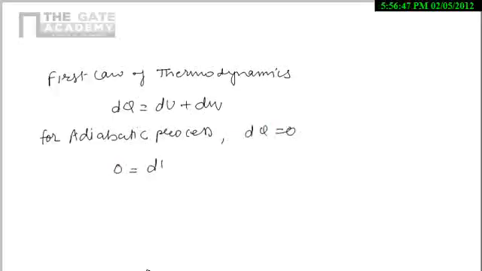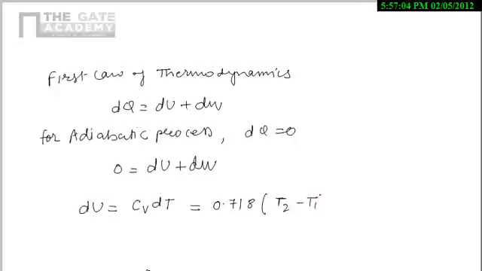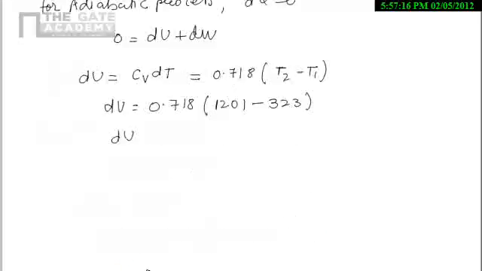So I am using 0 equals del U plus del W. And del U I know is nothing but Cv delta T. Cv for air we are having 0.718. Delta T, that is T2 minus T1. So del U equals 0.718 times, T2 is nothing but 1201, minus T1 is 323. So it will be 630 kilojoule per kg.